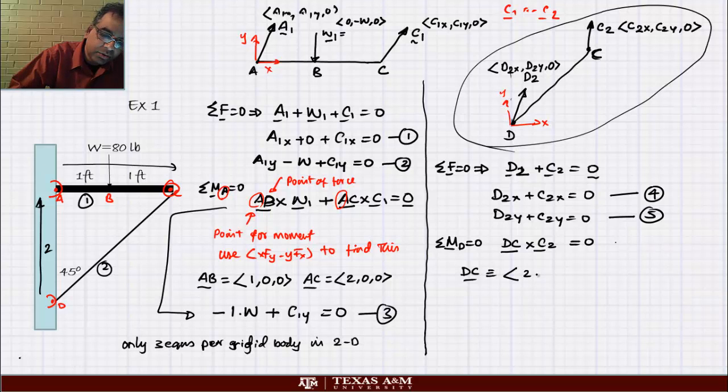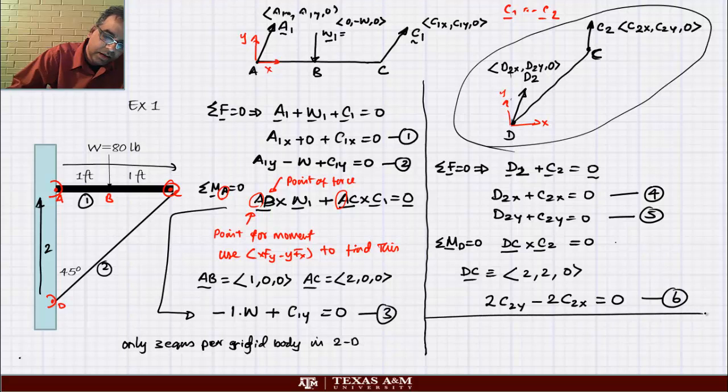It's 2, 2, 0. You can do the cross product, or you can do xfy minus yfx, whatever you feel like, and you will get the following: 2C2y minus 2C2x equal to 0. This is equation 6.